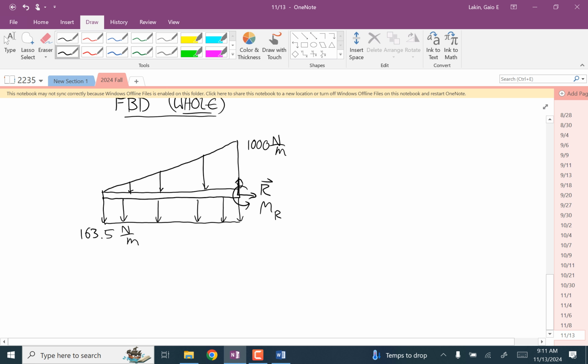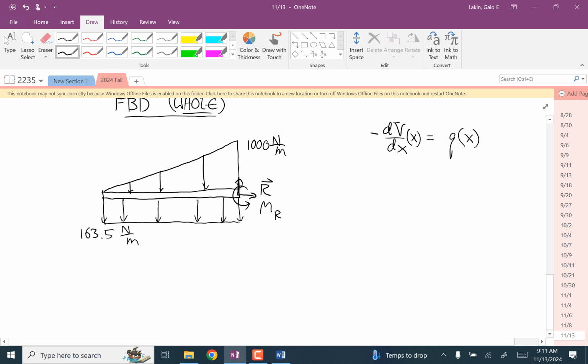Okay, well, we're going to start by using the fact that negative dV/dx is equal to q. And these are functions of x.